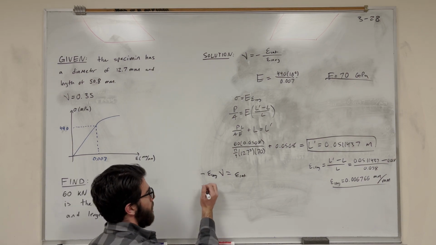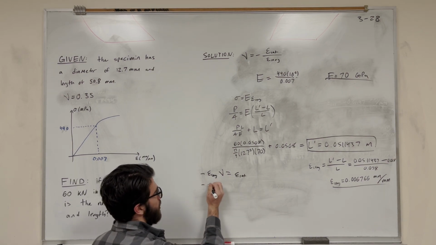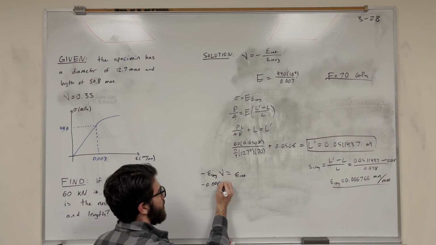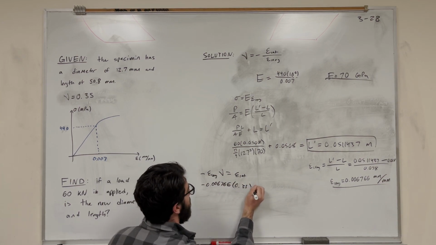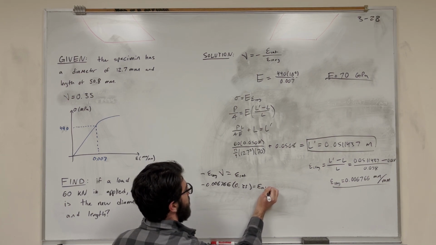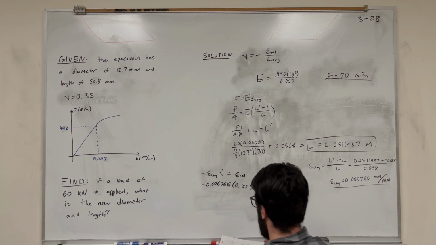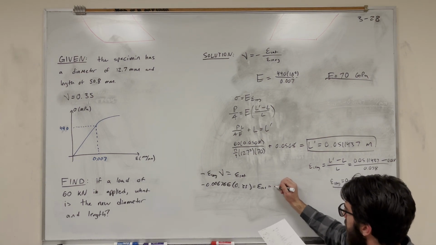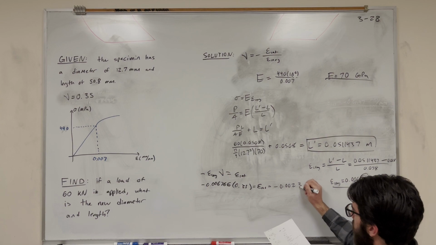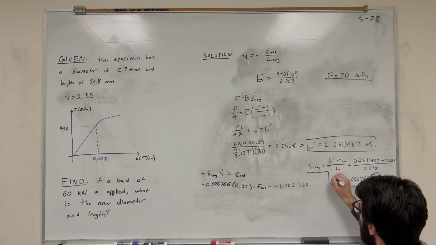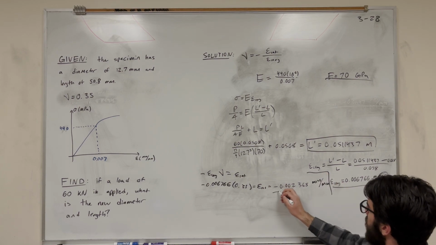Let's plug in what we know: epsilon long we found over there, negative 0.006766, times Poisson's ratio 0.35 is equal to epsilon lat. You solve for that, and you get negative 0.002368 millimeters per millimeter. That's a good number right there.